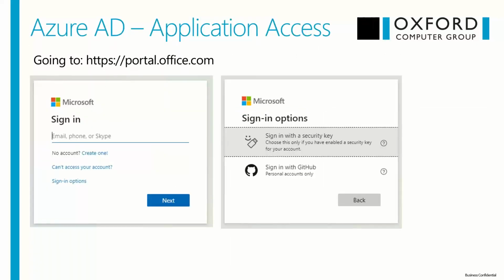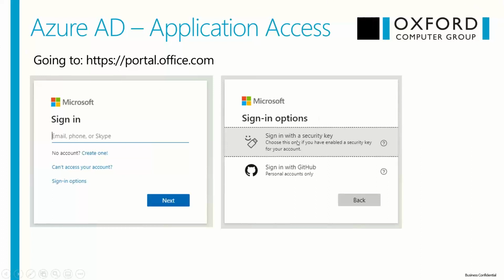So what are we going to talk about today? Well, when I started working with Azure and modern authentication, I really struggled with what was happening. I would log into Azure, go to portal.office.com, and there's a sign-in screen with a couple of links at the bottom.